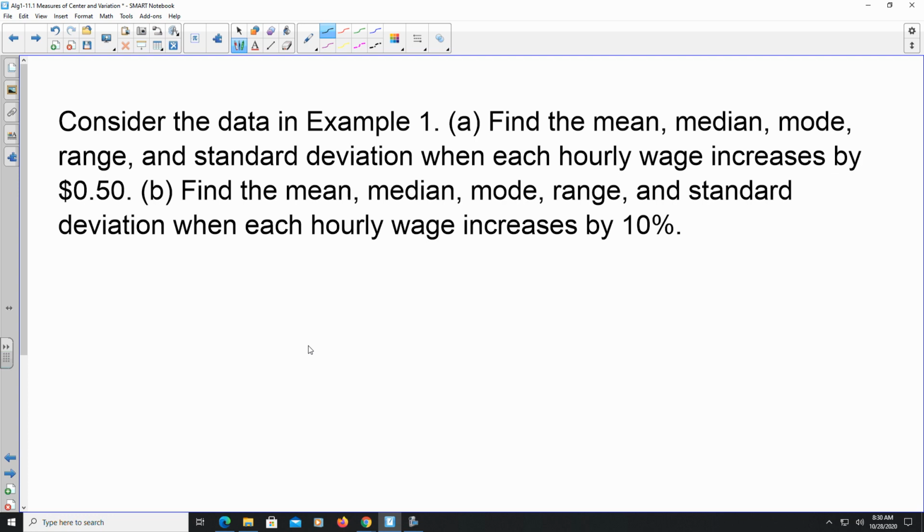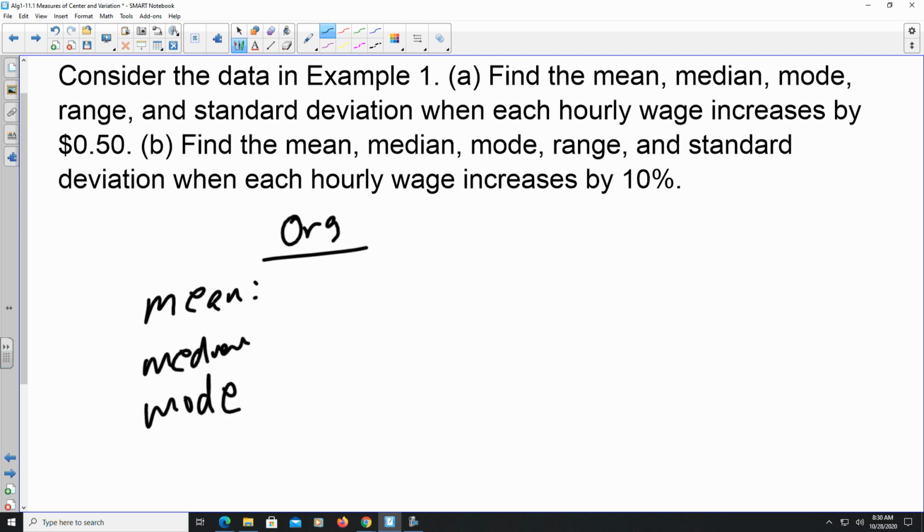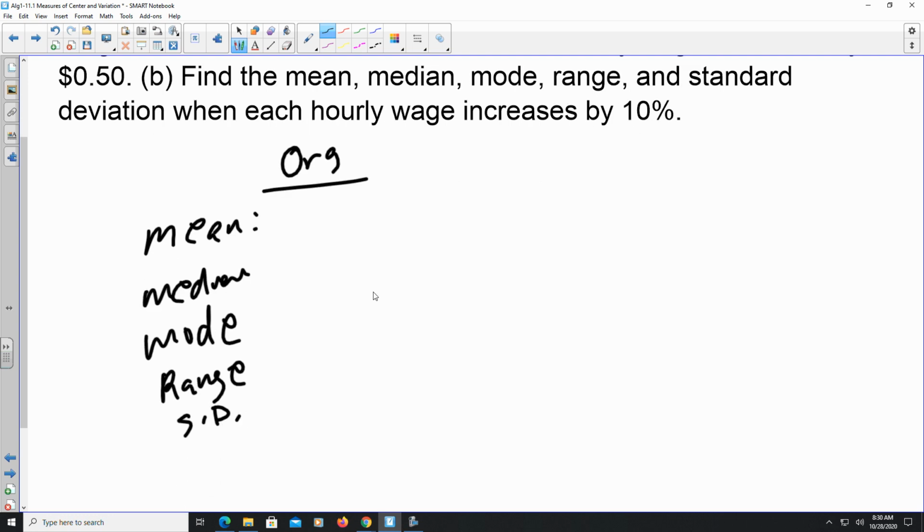For example, they ask you to consider the first example, the example with the wages of amusement park students. They're asking you to find the mean, median, mode, range, and standard deviation when each hourly wage is increased by 50 cents. So let's go back to the original: mean, median, mode, range, and standard deviation.